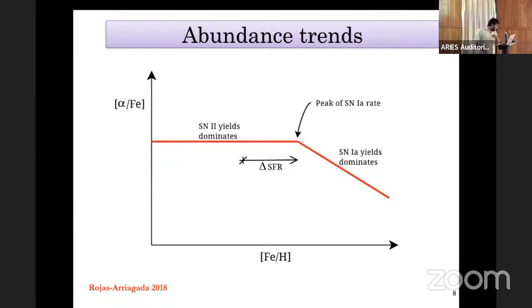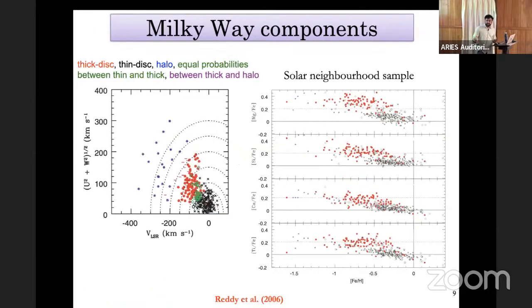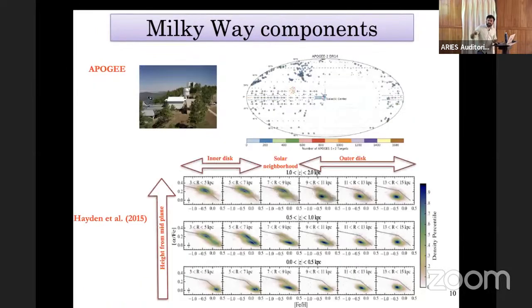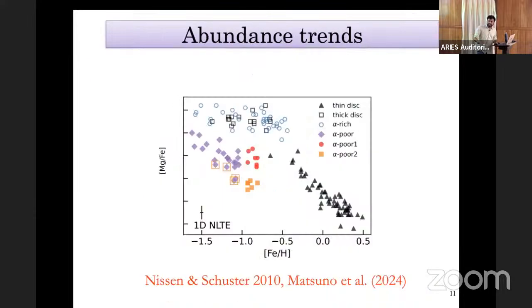So that is why we see in the Milky Way, this thick disk component or thin disk component has this kind of constant pattern. But these stars would have a different star formation rate, and they would have had this kind of constant pattern at these kinds of metallicities. The turnover would have happened at much lower metallicities compared to the Milky Way. So that is one of the reasons.